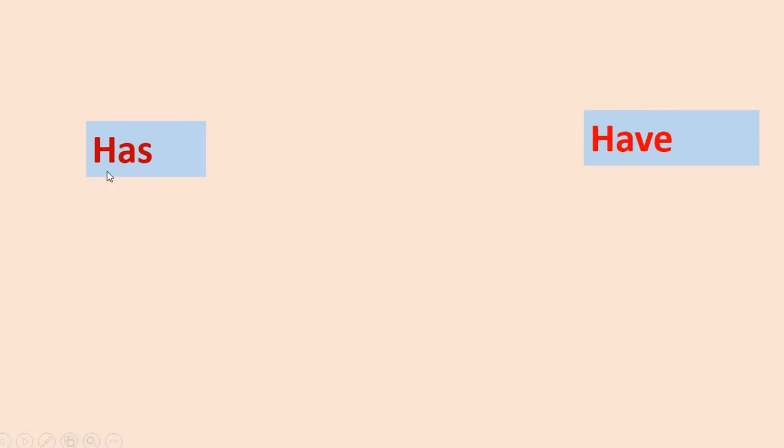How do we use has and have in the sentences? Has will come with he, she, it. And have will always come with I and you. We learned this in the last lecture, but in this lecture also we have learned many things: sentences of has and have. We did worksheet number 2 today.